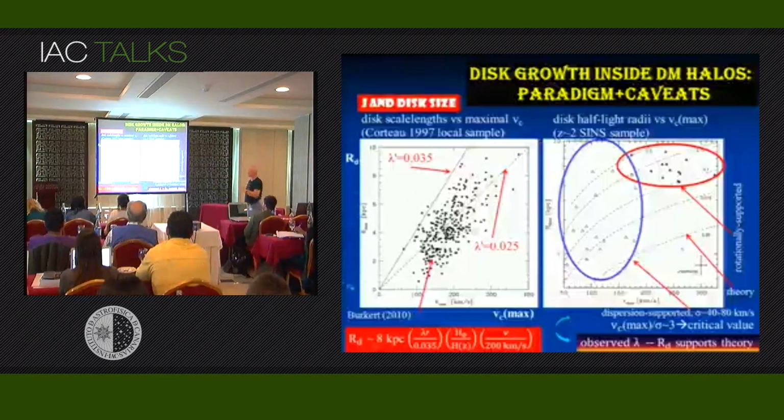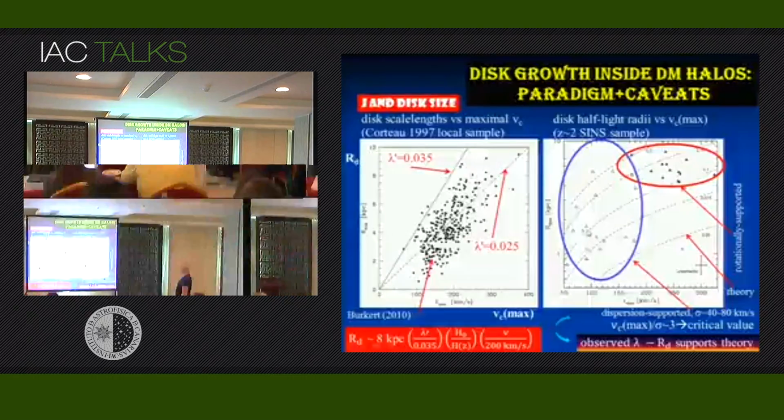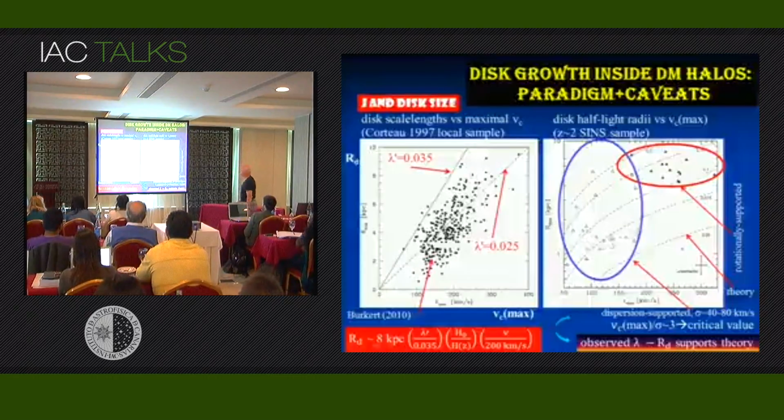What about the higher redshifts? Well, of course, there are all these problems that observers face and never theorists. What we have here is a sample at redshift 2, and we have the disk half-light radii versus the same maximal circular velocity of these galaxies.